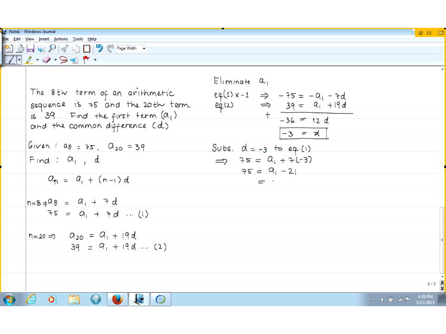So this is 75 is equal to A1 minus 21. So same as last time, A1 is 96. So which method works? I guess both methods work. And which one is better? It depends on your preference. Yeah. So either one works and either one is good depending on your preference.